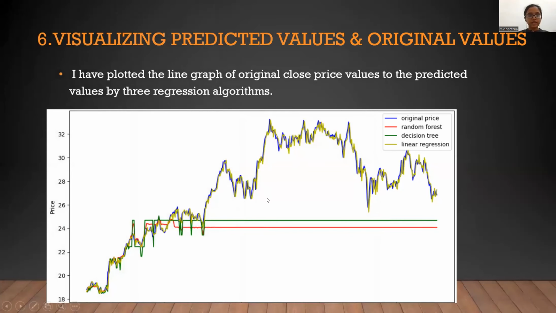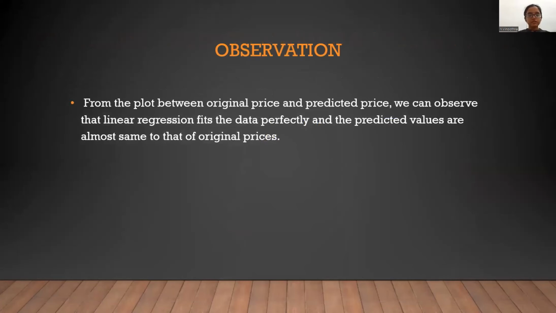This is the plot that I have shown now in the Colab notebook. The observation that we can see clearly is the plot between the original price and predicted price. We can observe that linear regression fits the data perfectly, and the predicted values are almost the same as the original prices when we compare with the decision tree and random forest.